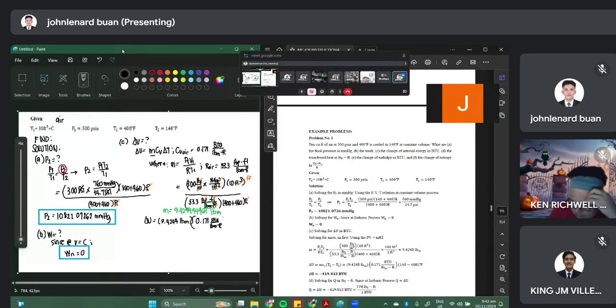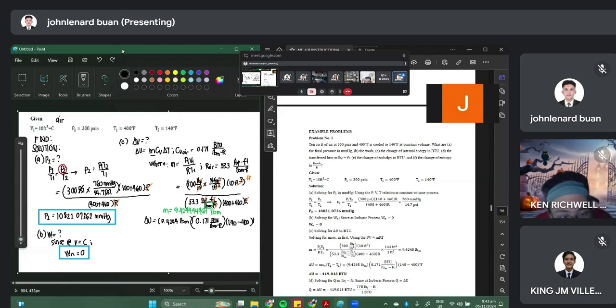And then we have delta T. Since this is a temperature difference, we are going to just simply leave it like that, which will give us 140 minus 400, T2 minus T1, in Rankine.